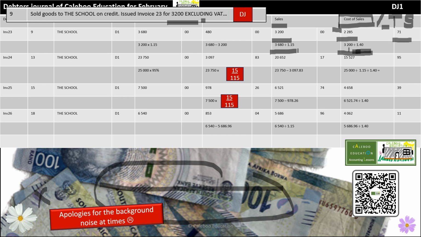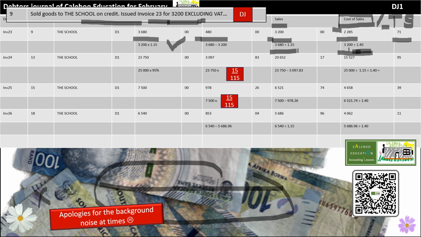So there's the transaction on the 9th. Sold goods to the school on credit. Issued invoice 23 for 3,200, and they said that excluded VAT. The debtor will pay us the amount including VAT. We will pay over to SARS the VAT amount, 480.